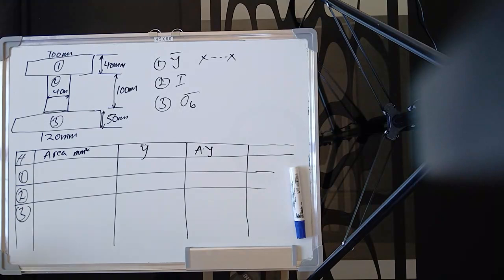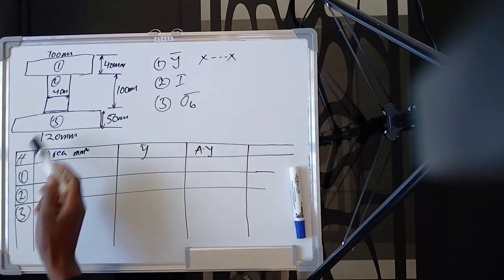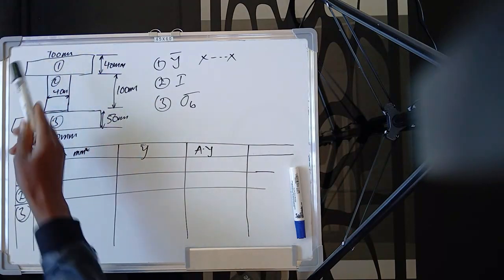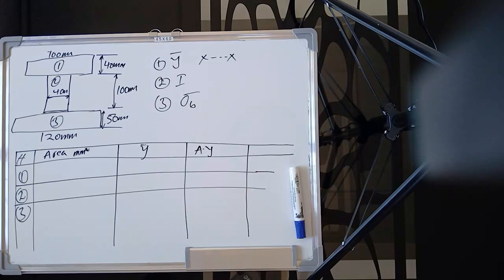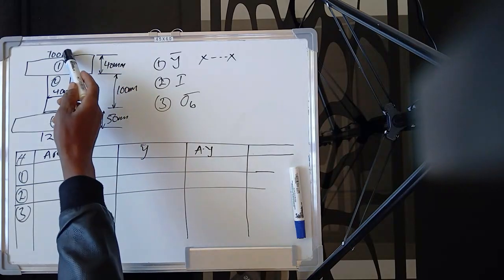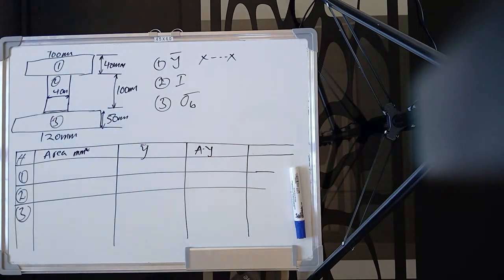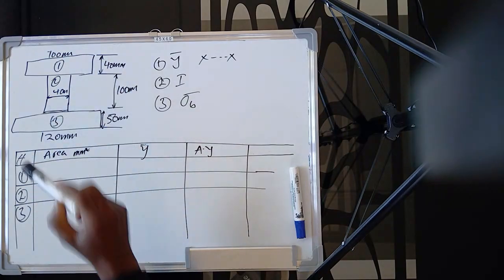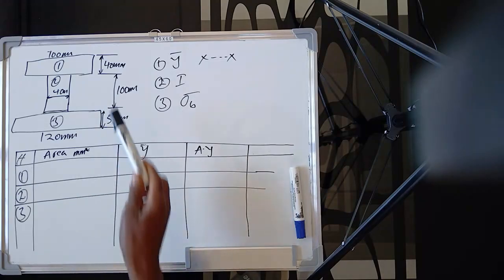First of all, we need to find the area for this one. So area for 1 is here. It's 100 by 40 or 40 by 100, whichever you take. I'm not really going to write this because of space, so just follow closely.